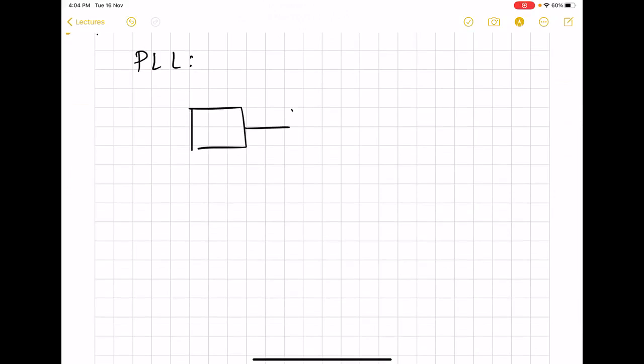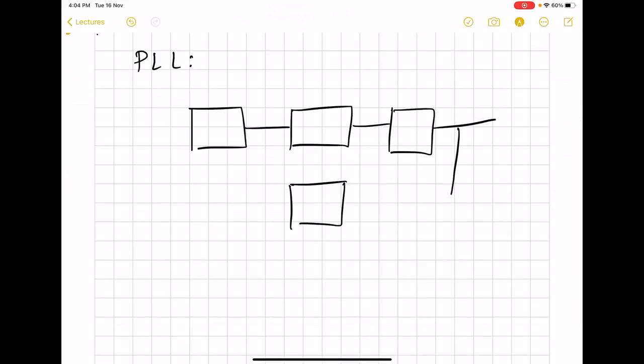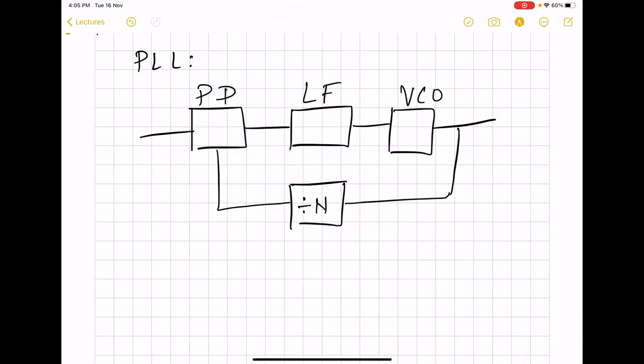So here we saw that there are 4 building blocks in a PLL: phase detector, loop filter, VCO, and divider. So here we have output of frequency omega o or f naught, and output actually will be a voltage, as was pointed out.